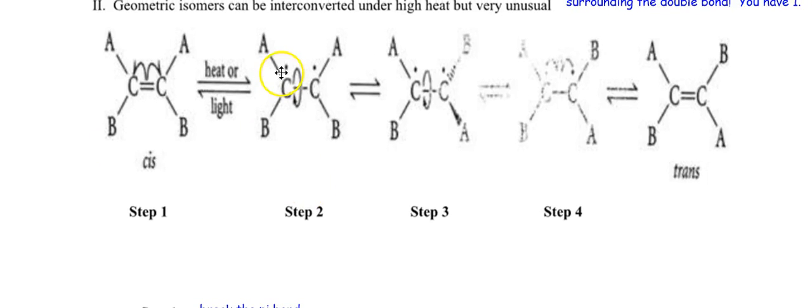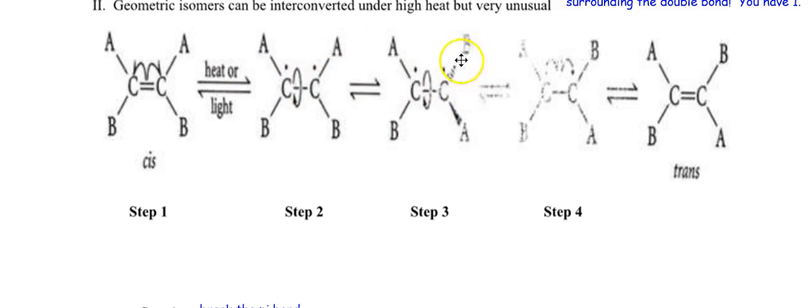So what does this look like we're going to do now? These are singleton electrons. This is after I broke the bond, each carbon grabs its original electron. So now I only have a sigma bond left. With only a sigma bond, you can rotate. And that's what I'm trying to show you here. You start with the B's on the bottom, the A's on top, but now you have just the sigma bond.